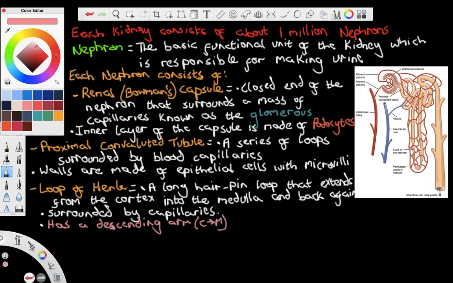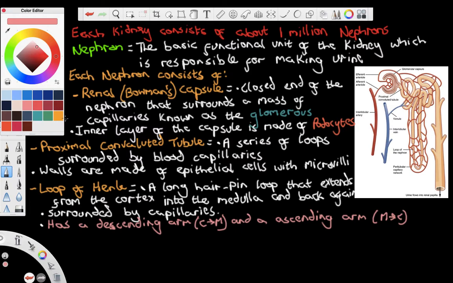I'm not going to write it out because of space. And an ascending arm, which goes from the medulla back up into the cortex. So you've got the descending arm of the loop of Henle and the ascending arm.